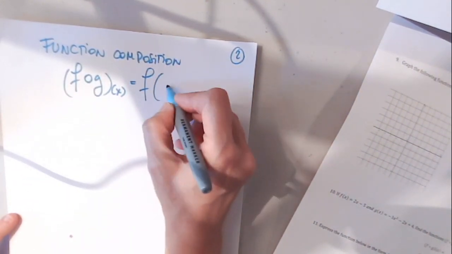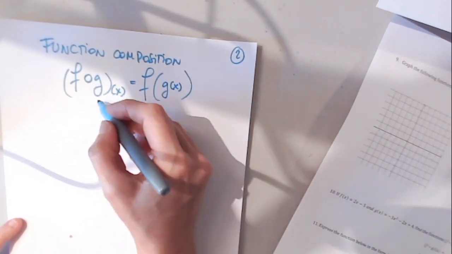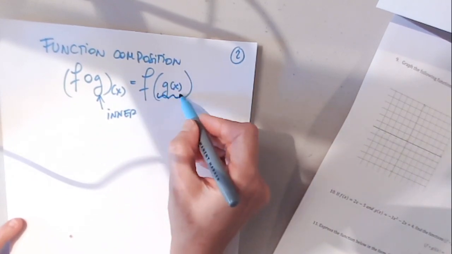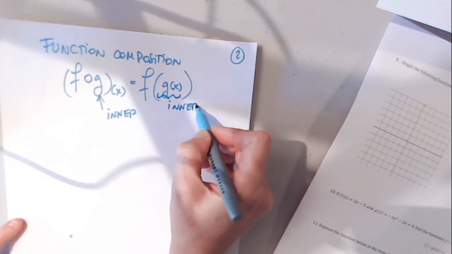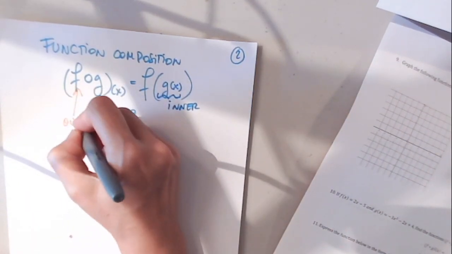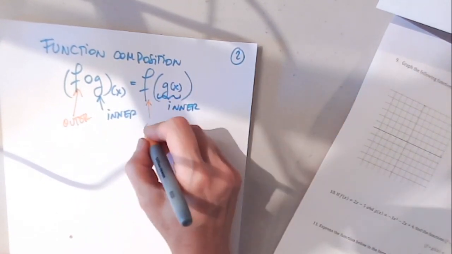This means f of g of x. It means g is the inner function. You see it here, it's the inner. And it means that f is the outer. This is very important for the chain rule.